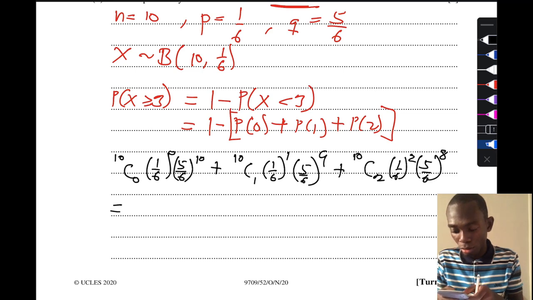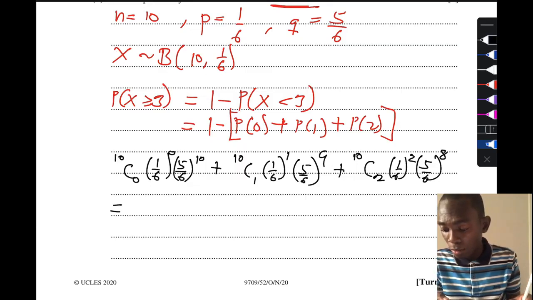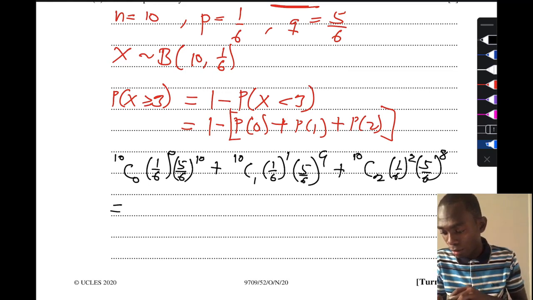Oh, see, it's not even working. My calculator can't afford to give me everything. So I'm going to get the first 2, then later on include the last one. Okay, so the first 2 gives me, alright, this calculator, why are you behaving like that?